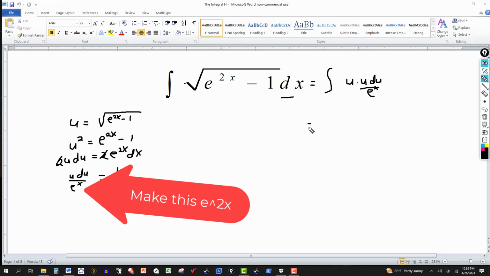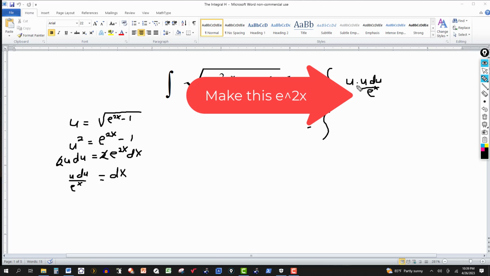So this is going to equal 2 times the integral. Got u times u, that's u squared du. And then here, replacement. We're trying to convert this to an integral involving just the variable u. You want to eliminate the x variable.